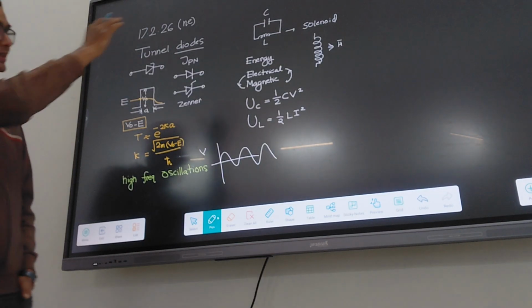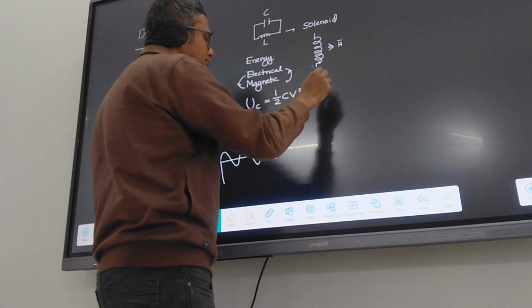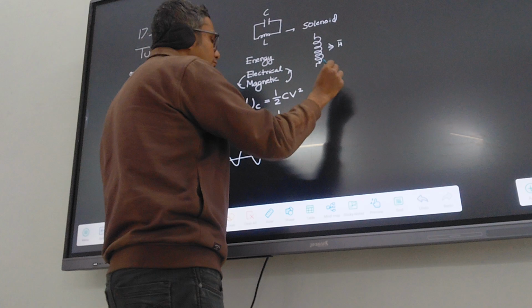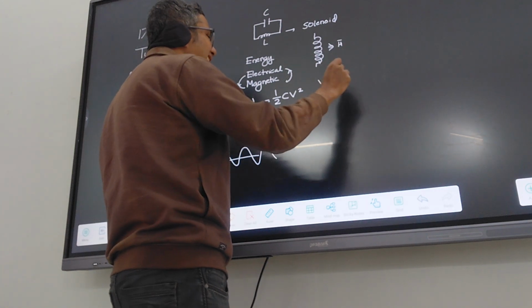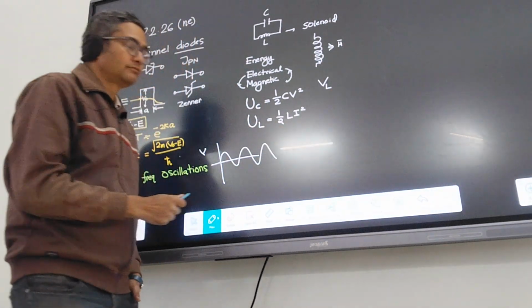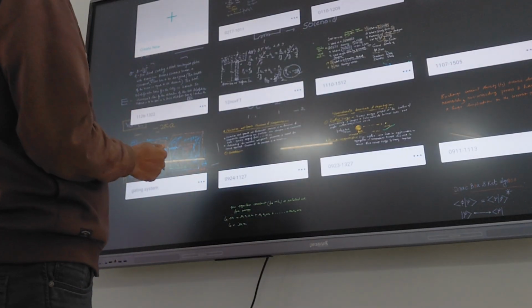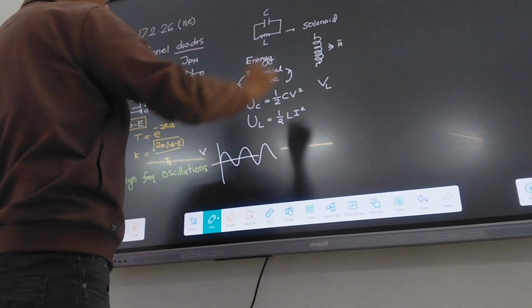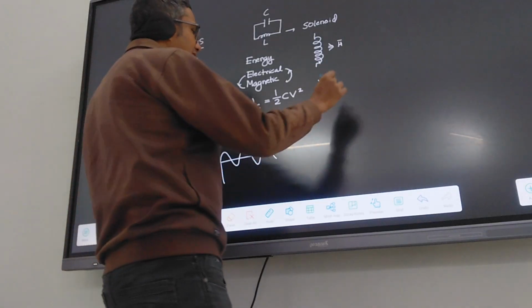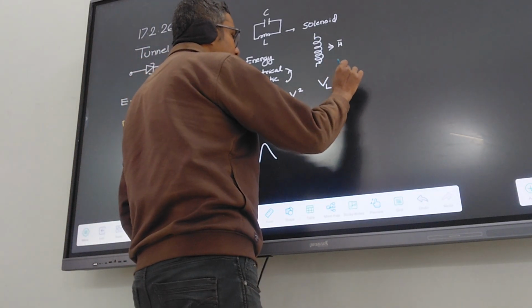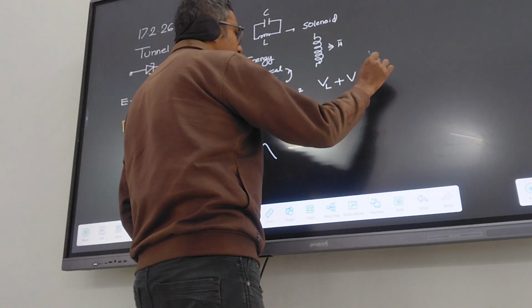So in this circuit I can say that voltage due to the inductance plus voltage due to the capacitance is equal to 0.